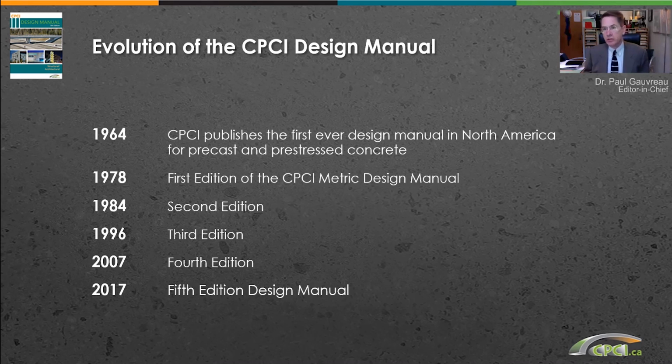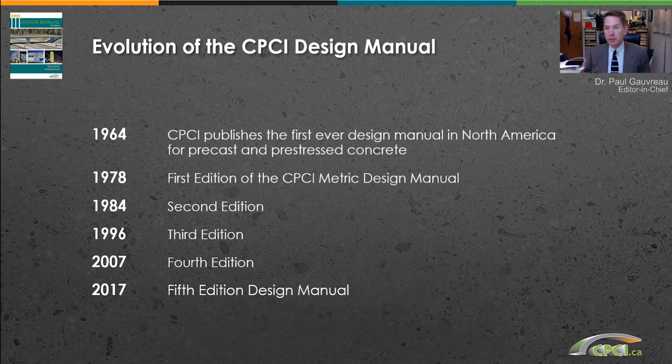The third edition of the CPCI Design Manual, published in 1996, introduced significant changes in the state-of-the-art for precast pre-stressed concrete, plus important changes in A23.3 that recognized the benefits of quality control in certified precast concrete plants. The fourth edition was published in 2007.